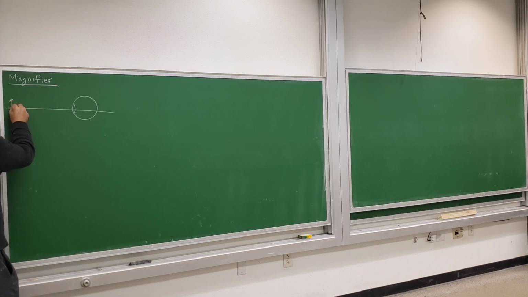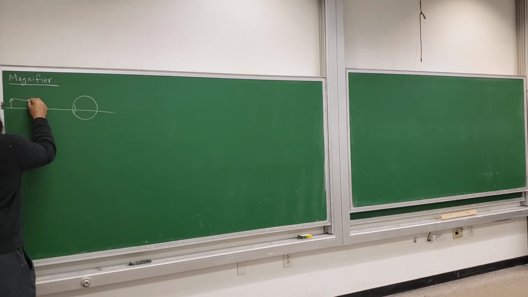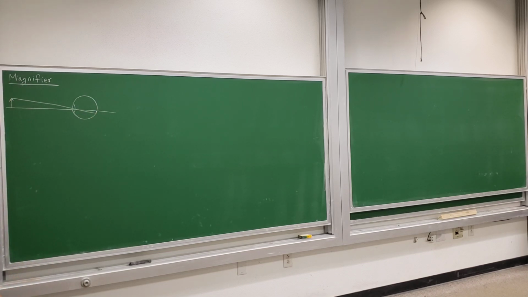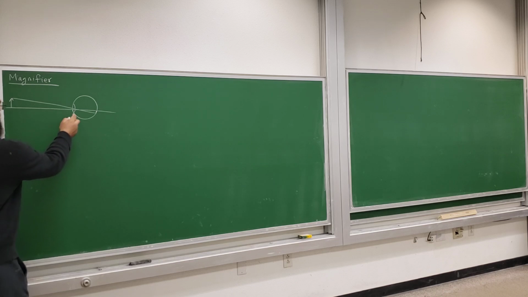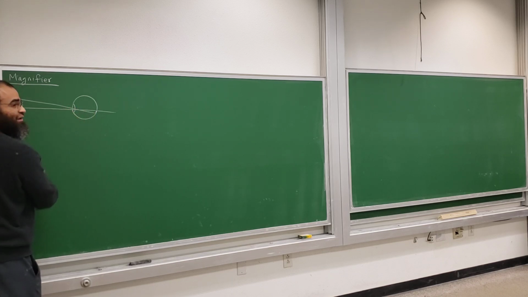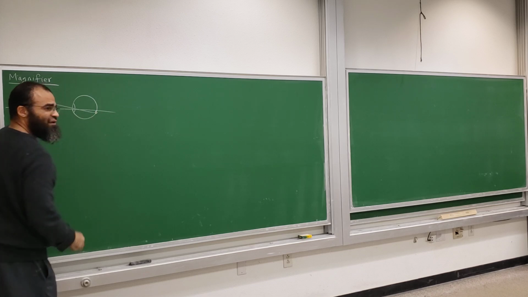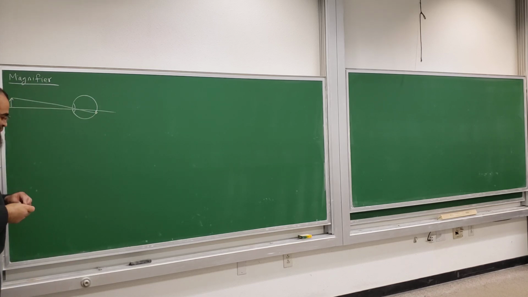So this object here, in white chalk, is going to occupy a certain angle in our retina. That's the angular distance. At the end, it's just this much. Okay? Is that clear? So we'll see it that big.